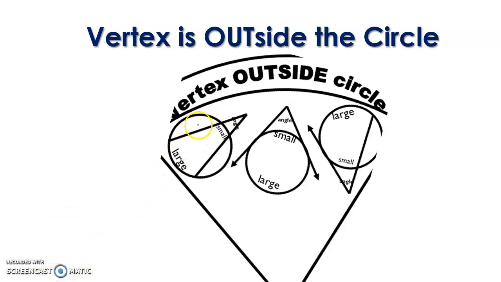In this first example, we have a secant that intersects the circle twice, and a secant. You do need to know your vocabulary, folks. In the second example, we have a tangent and a tangent.